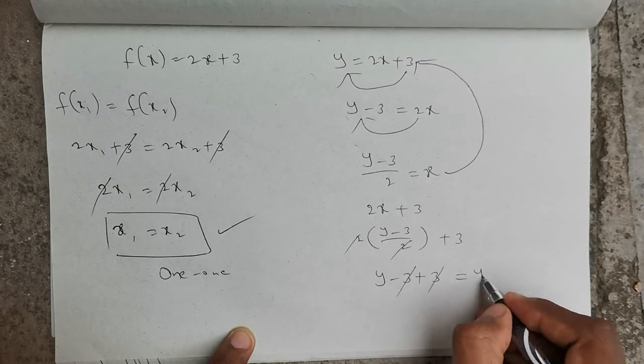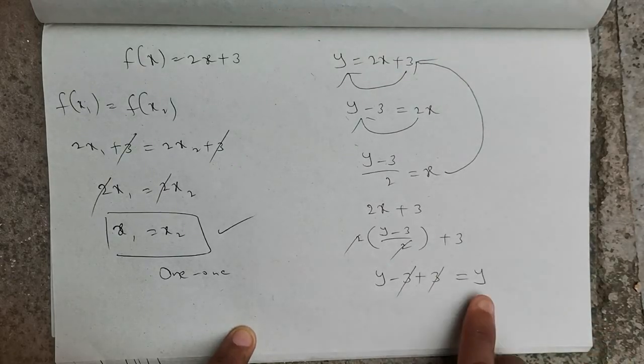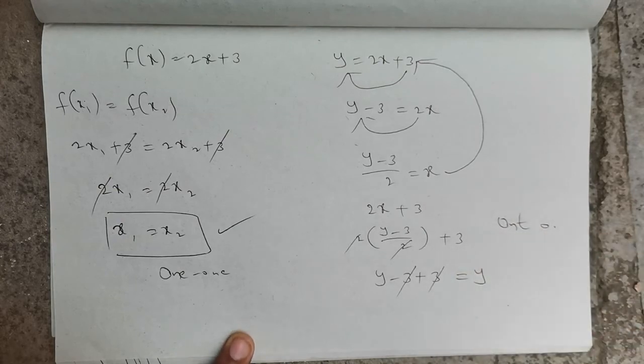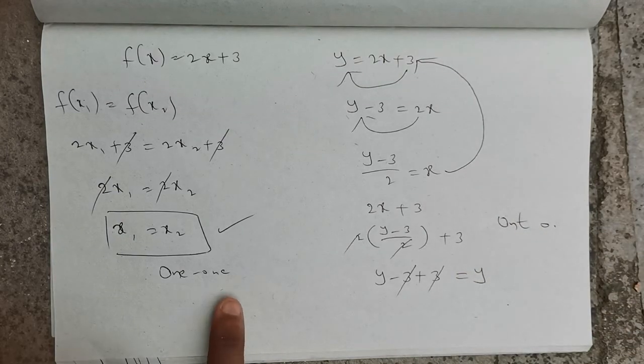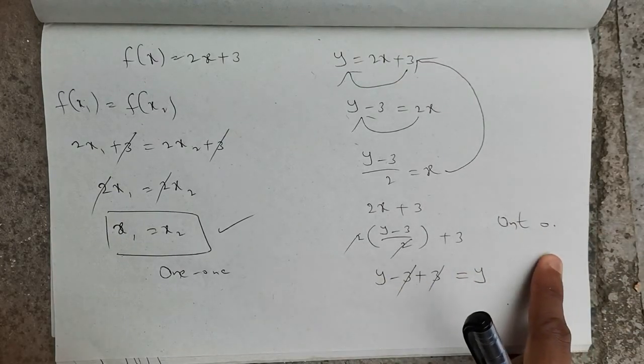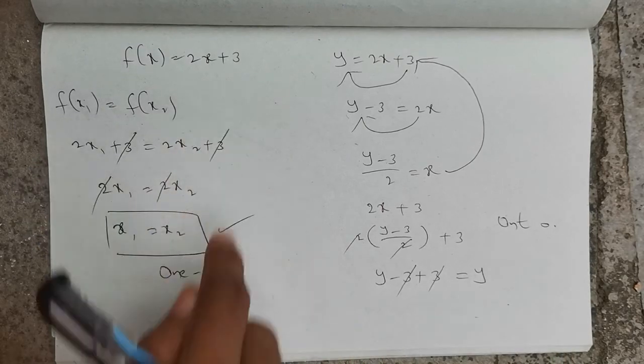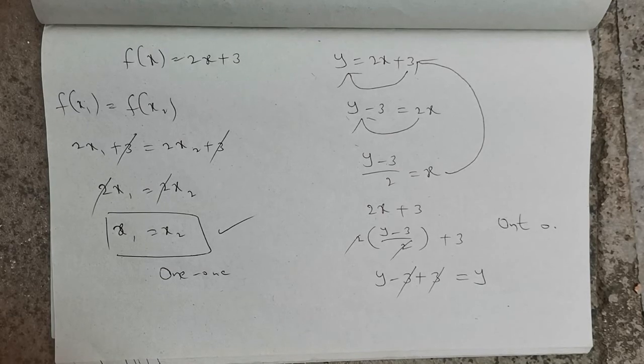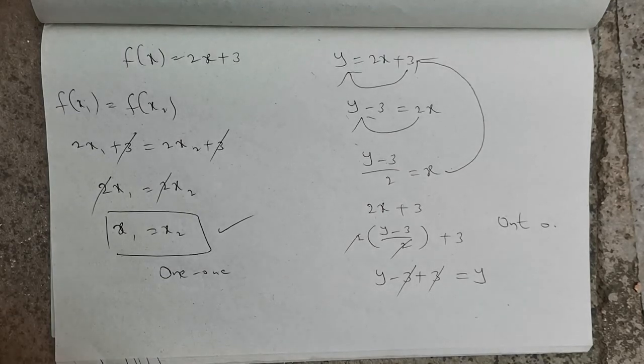Minus 3 plus 3 cancel, we remain with y. This y is equal to y. So this is onto also. This is a one-one function as well as an onto function. Then this function 2x + 3 is a bijection, or bijective function.